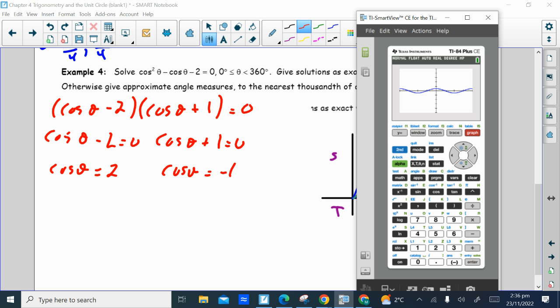It actually only goes as high as 1 and as low as -1. If I change my y min and max to negative and +1 respectively, and a scale of say 0.25, so I'm going a minimum of -1, a maximum of +1, that's the graph of cosine x between negative 360 degrees and positive 360 degrees.